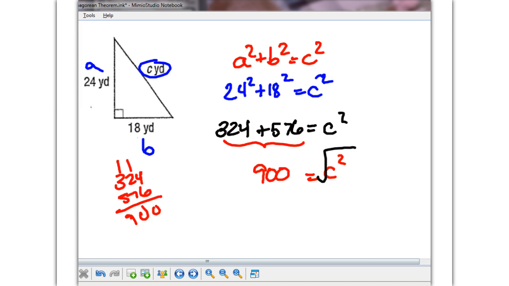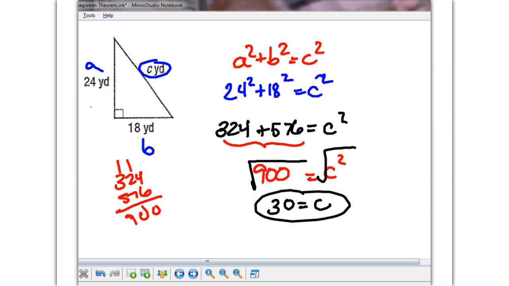If you think about just 9, 3 times 3 is 9, so it's going to be something to do with a 3. It's actually 30. So 30 times 30 is 900. And let's do that check. If we put 30 in here, that should be the longest side because it's the hypotenuse. And it is.